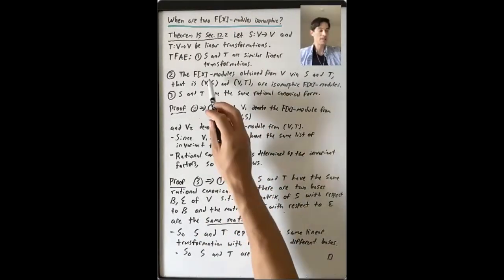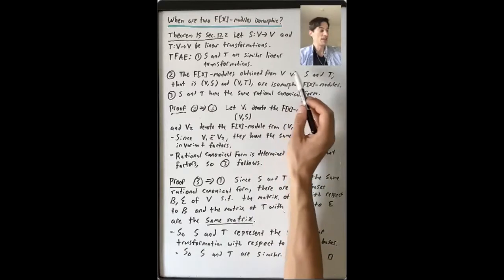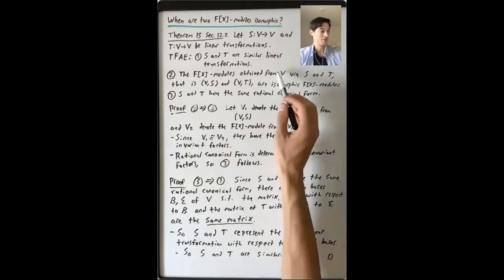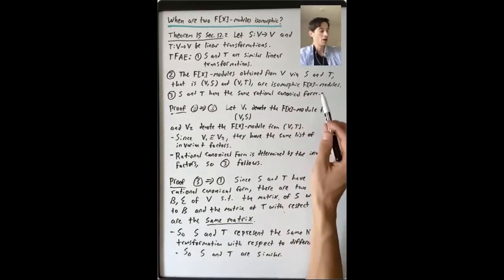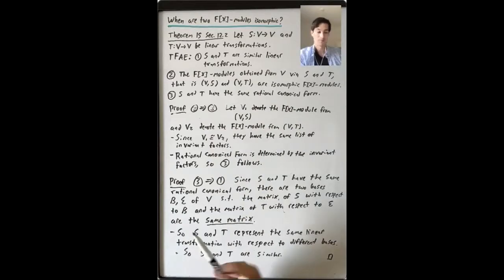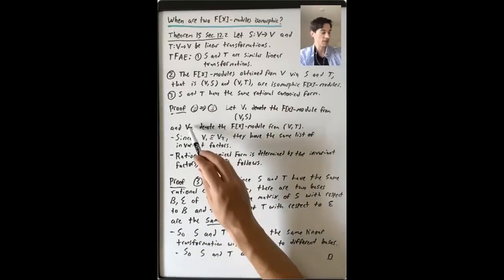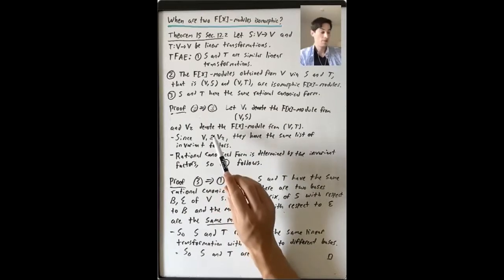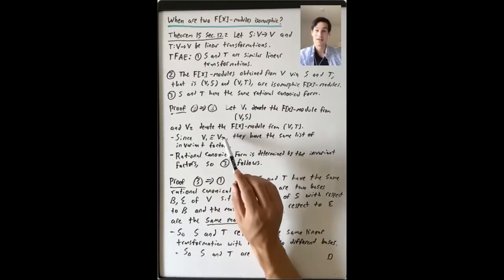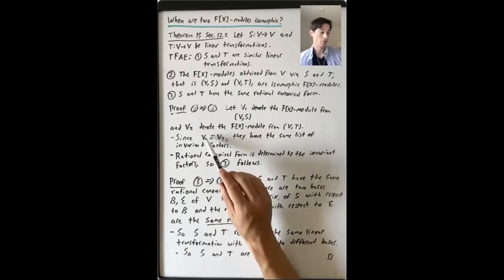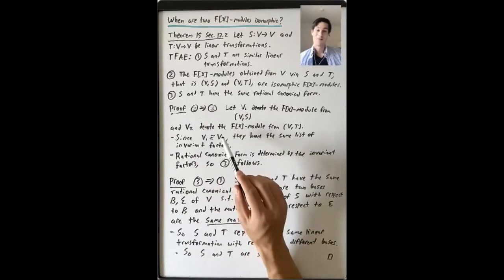Now let's suppose that the F[x] module obtained from V via S, and the one obtained from V by T, are isomorphic F[x] modules. So let's call the first one V1 and the second one V2. Since V1 is isomorphic to V2, well, what are these? These are finitely generated F[x] modules, in fact, torsion ones.